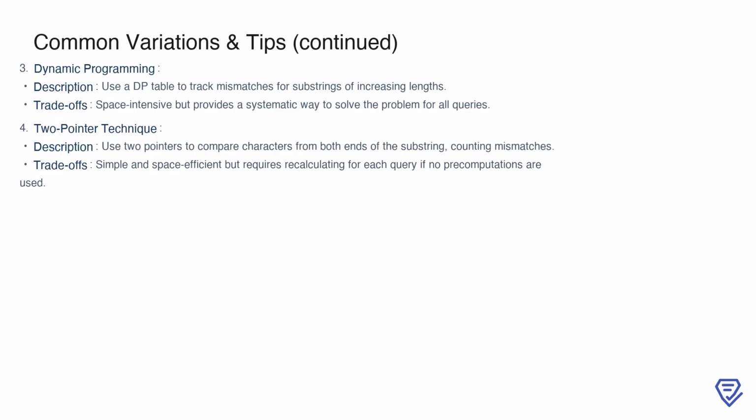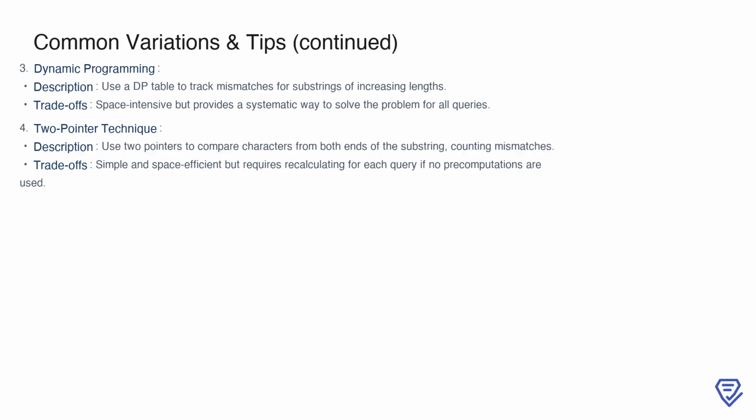Dynamic programming offers another robust approach. By using a DP table, you can track mismatches for substrings of increasing lengths, systematically solving the problem for all possible queries. While this method is space-intensive, it provides a structured way to address the problem comprehensively. Alternatively, the two-pointer technique is a simpler, more space-efficient option.